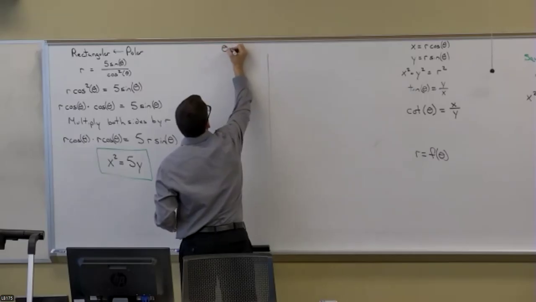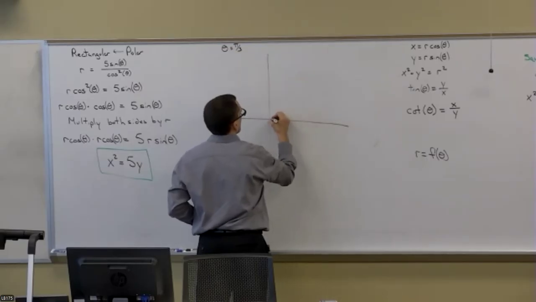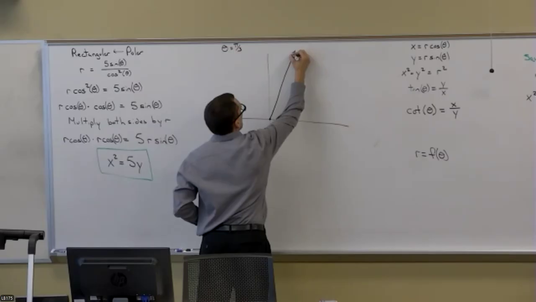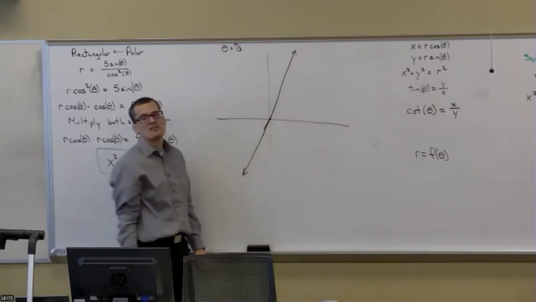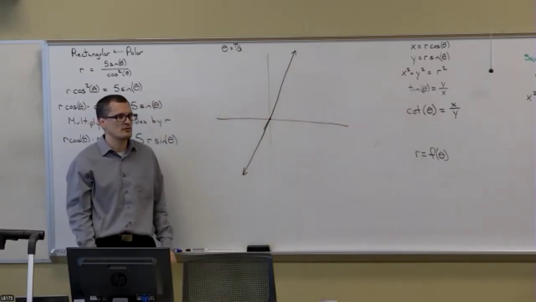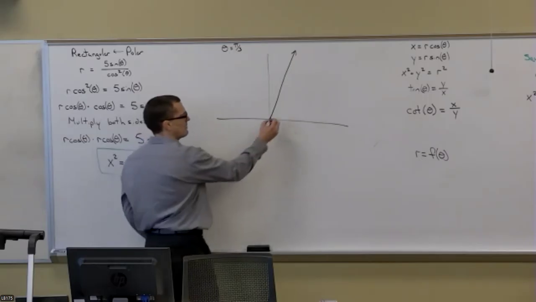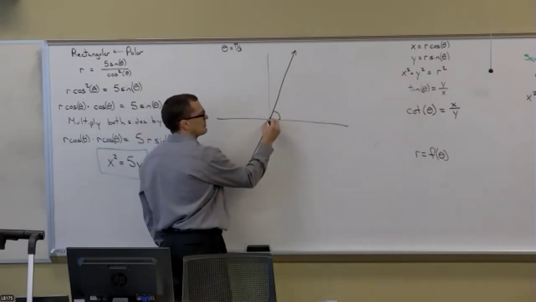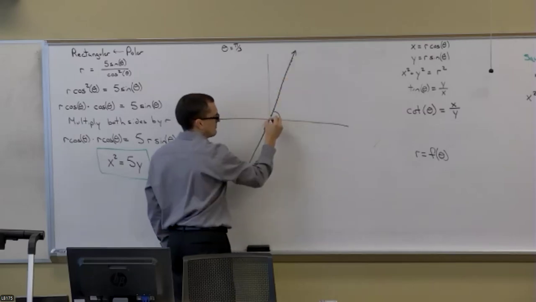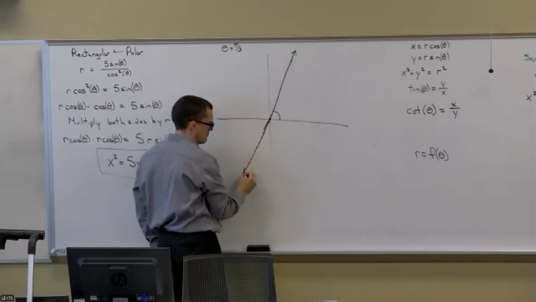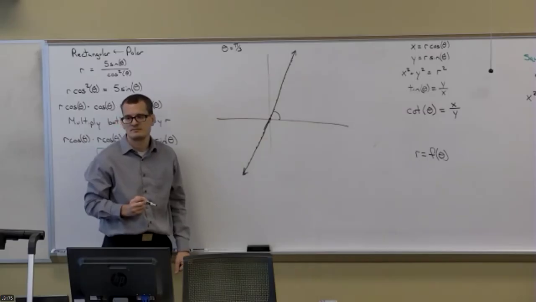So if somebody said graph theta equals pi/3, we'd say, oh, pi/3 is this angle. Theta equals pi/3 is a line through the origin. Everybody get that? So pi/3 is this angle. And you can be at any radius you want. So you get all the points at that angle, both with positive r values and negative r values.